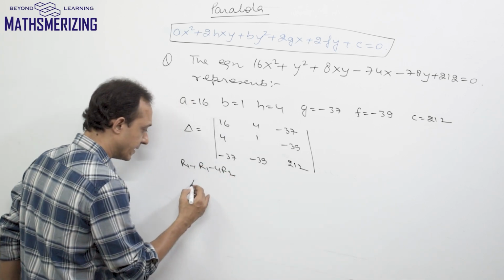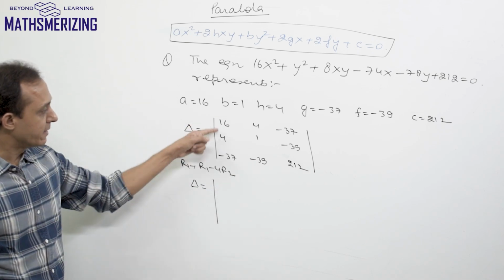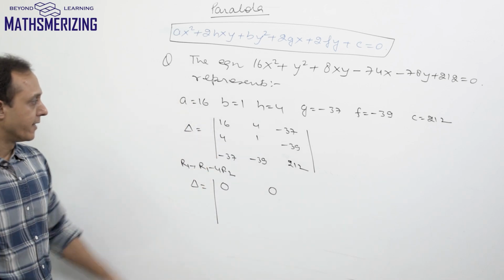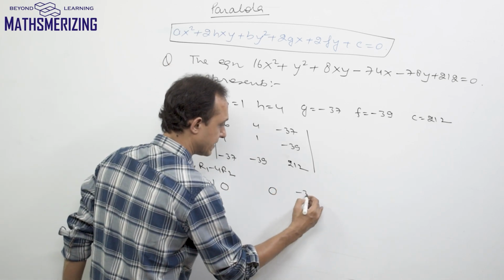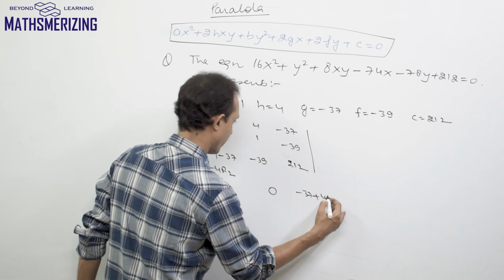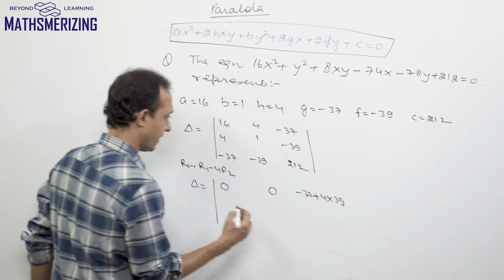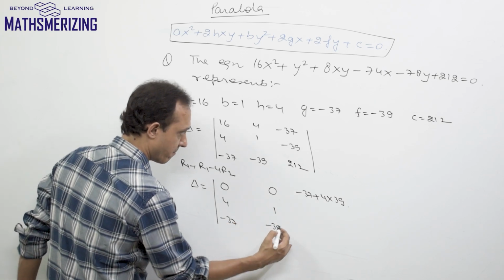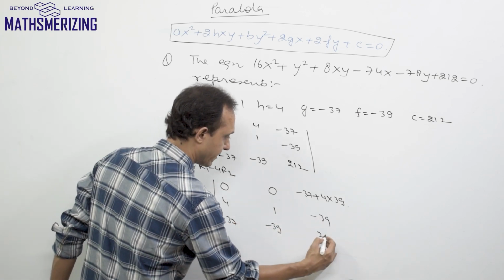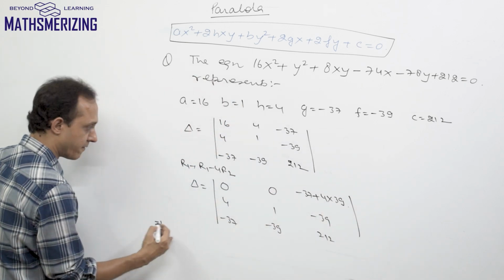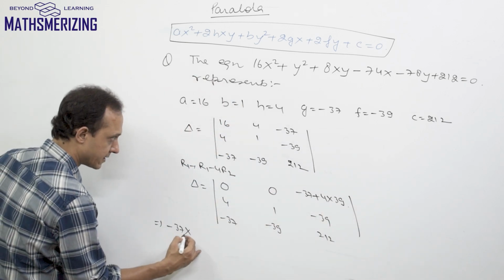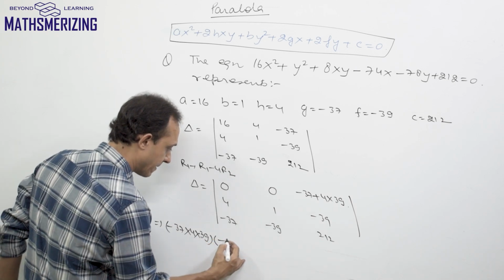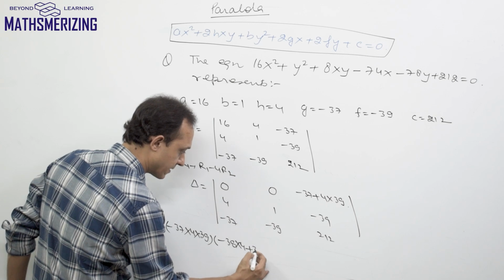So I'll write this delta as 16 minus 16, 0, 4 minus 4, 0, and minus 37 plus 4 into 39, and here I'll get 4, 1, minus 39, and then minus 37, minus 39, 212. If I expand it about the first row, I'll write minus 37 plus 4 into 39, multiplied by the remaining minor.